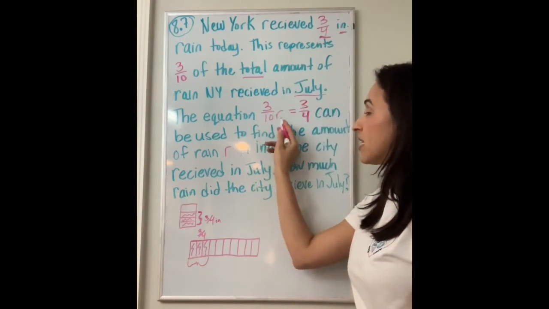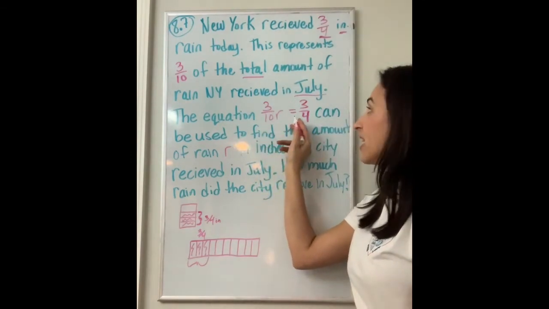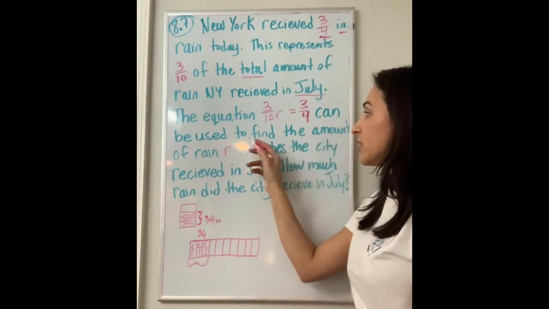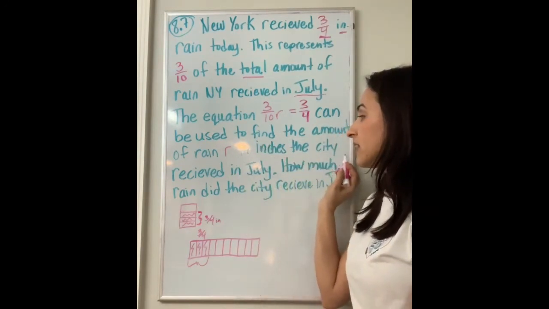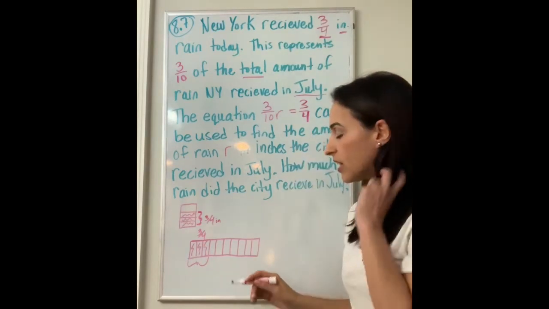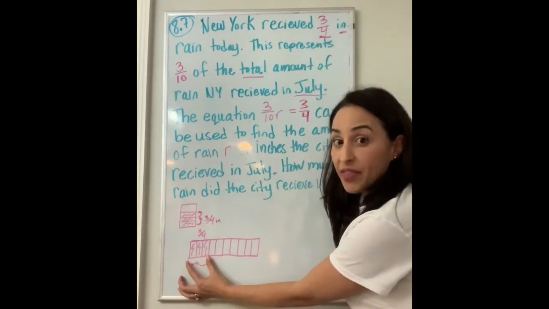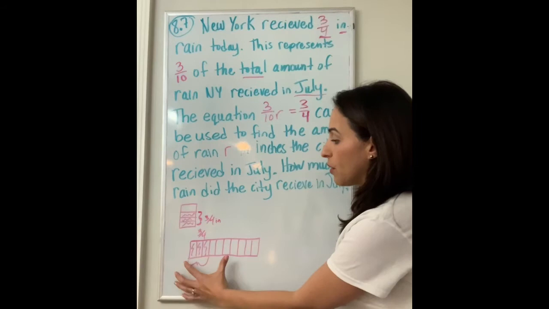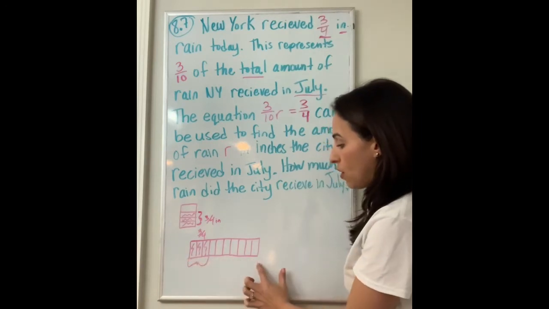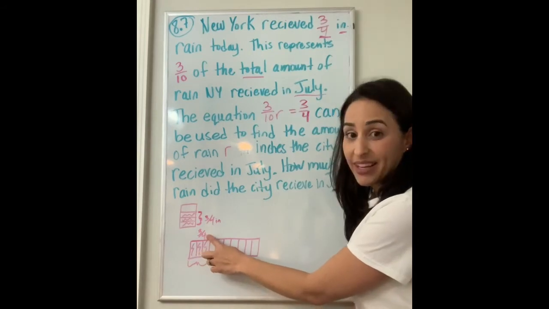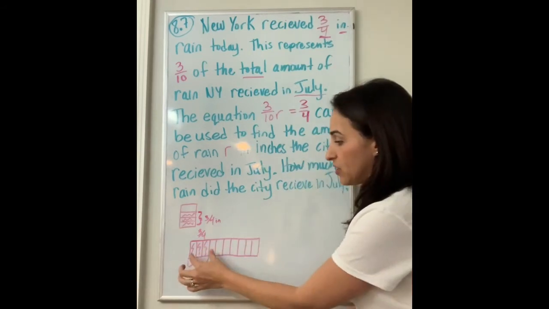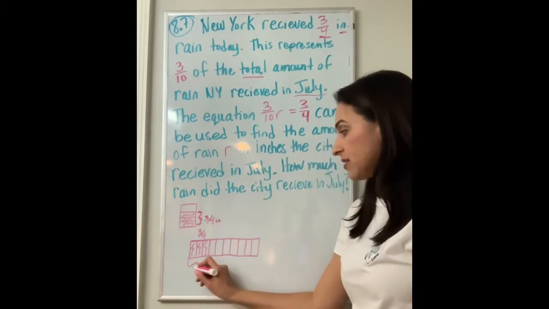The equation 3/10 times the rain is equal to 3/4 can be used to find the rain, R, in inches that the city received in July. So basically what they're telling you is that today's representing this amount. They want to know what is the whole amount of rain that they received in July, if you know that they received 3/4 inches today, and it's 3/10.